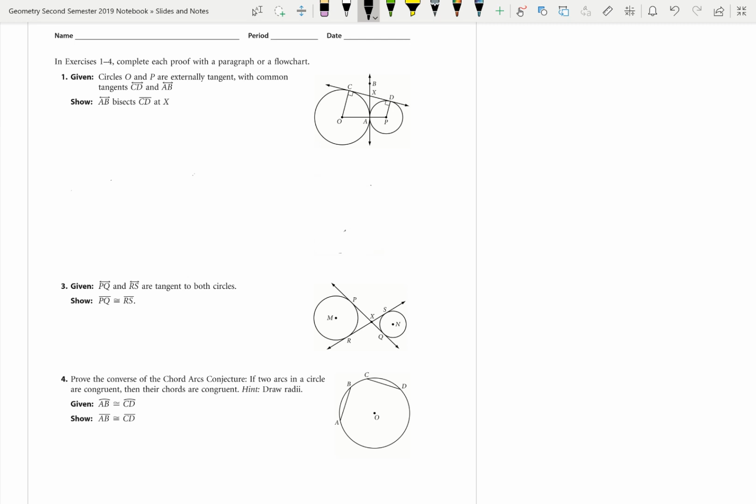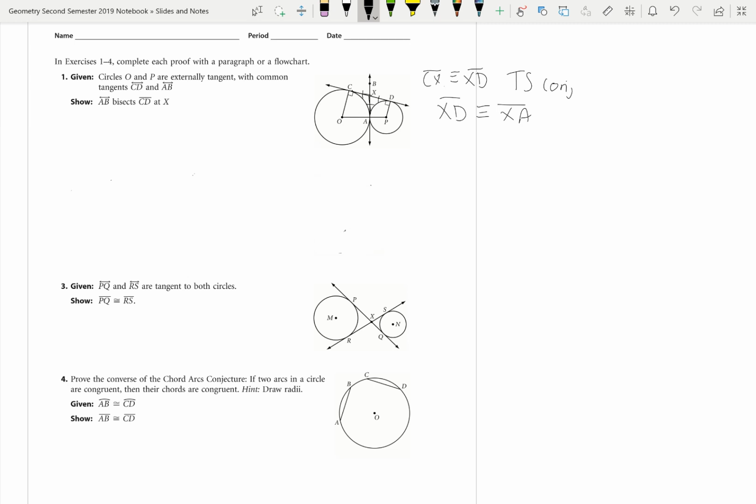Well, we can see that we have CX is congruent to XD because those are both tangent lines. That's because of the tangent segment conjecture. So these here are both the same. And then XD is congruent to XA, the same conjecture.